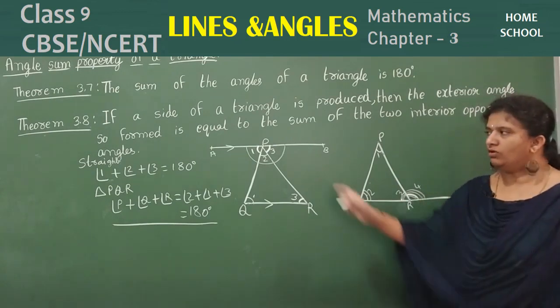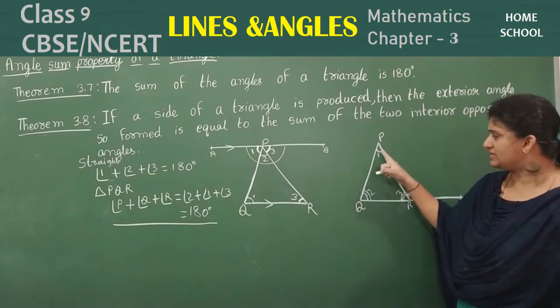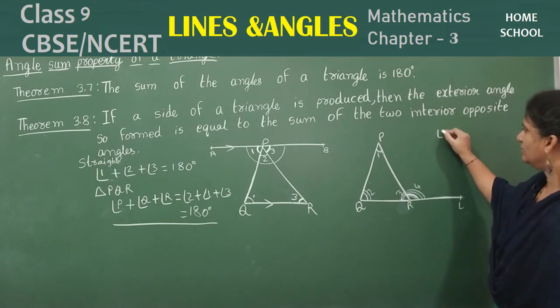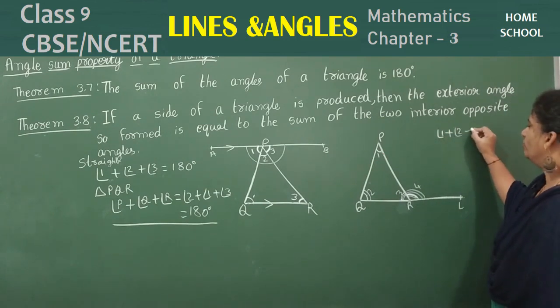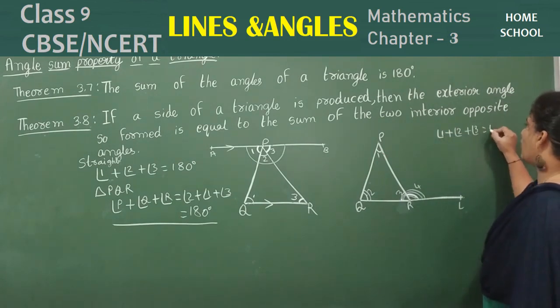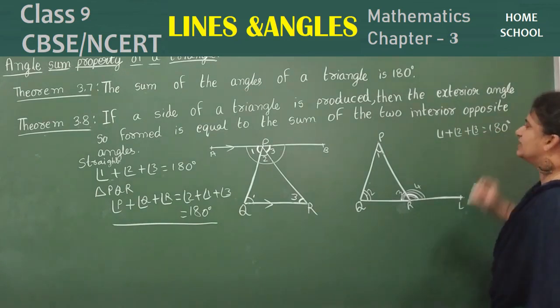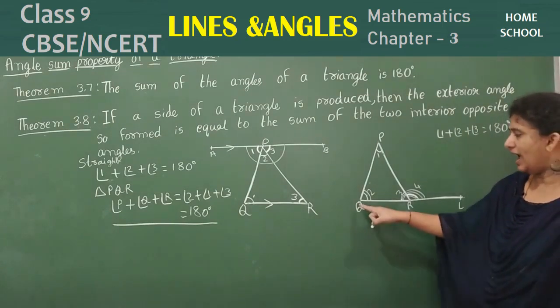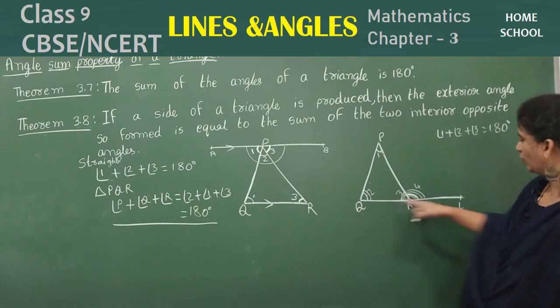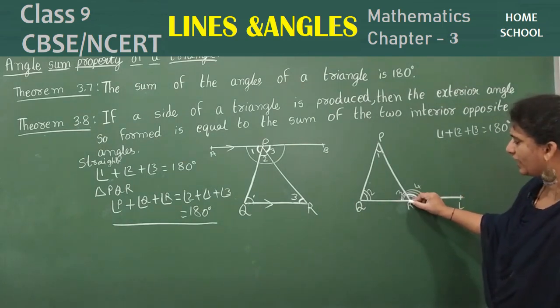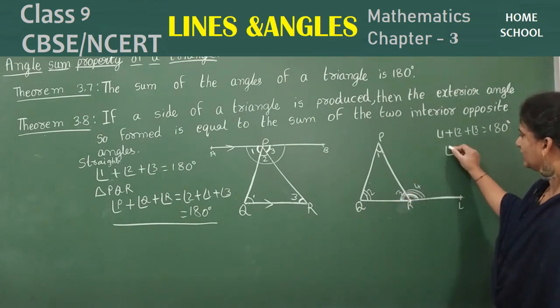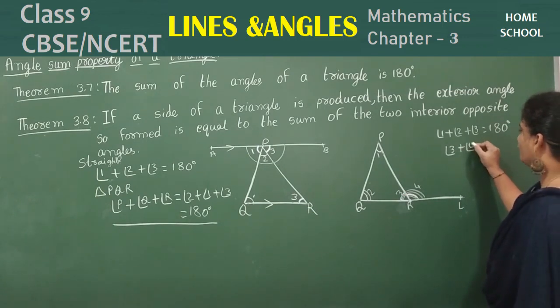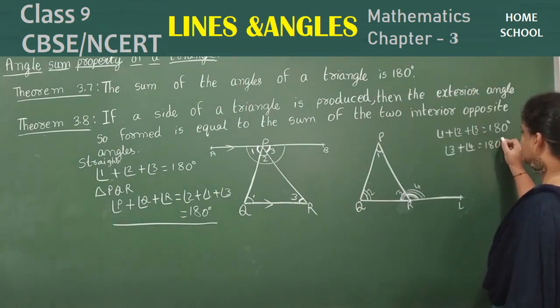Okay, so by the previous statement I can say angle 1 plus angle 2 plus angle 3, the sum of the interior angles of a triangle, is 180 degrees. And this straight line QL, from this point I can say angle 3 plus angle 4 is equal to 180 degrees.